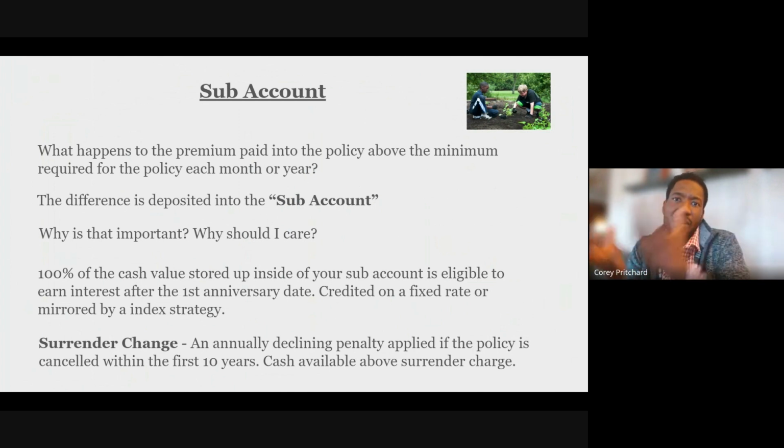So every single month, this is what they're doing. On average, about 9 months, about 75% of the months over the course of the policy, there will be credits available to add to this sub account. And that's a beautiful thing if you think about it. It's not every month.